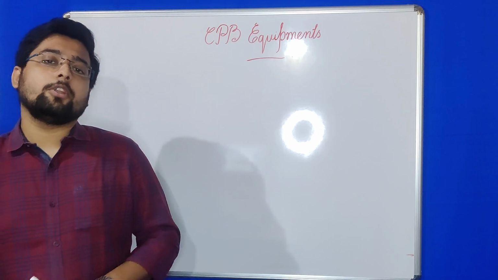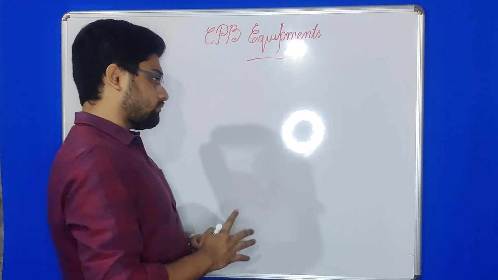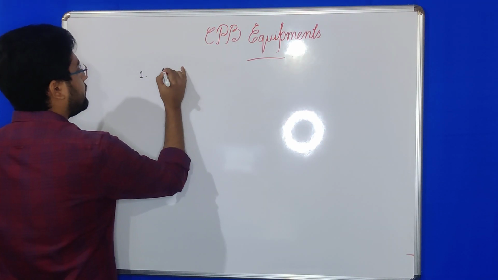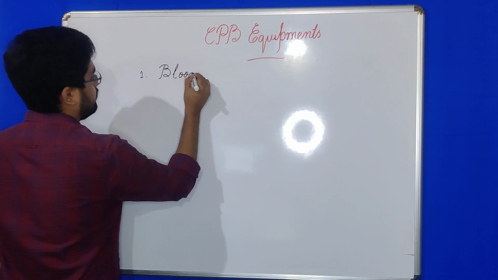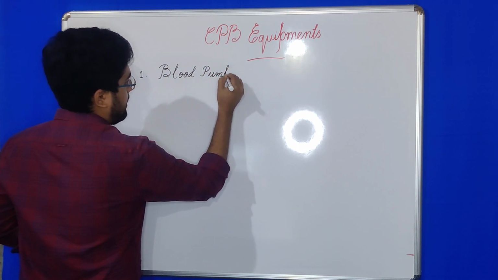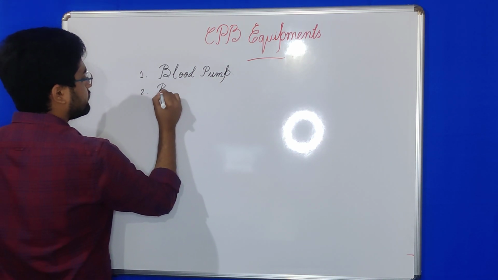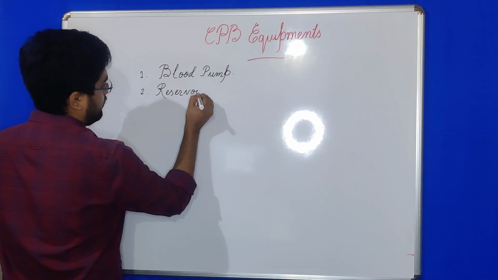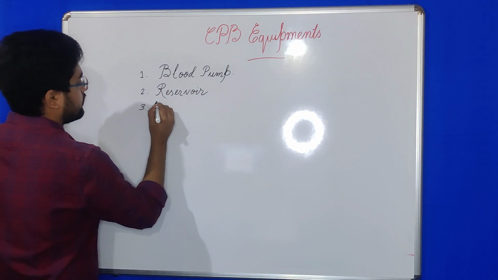So first, what are the common equipments that we use in our routine CPB? First is blood pump. Next one is reservoir. Third one is oxygenator.